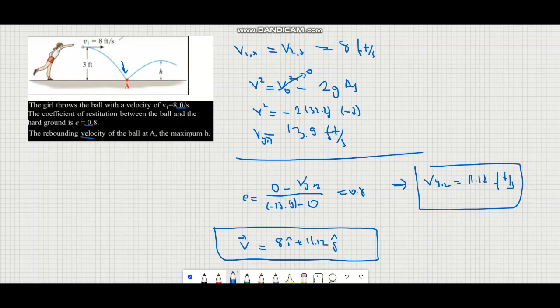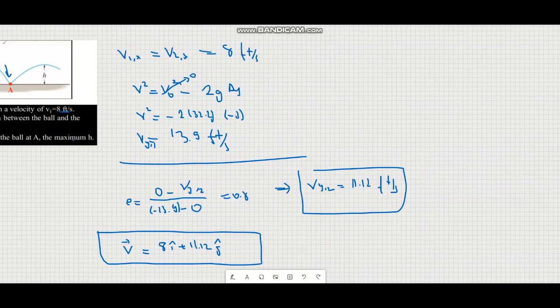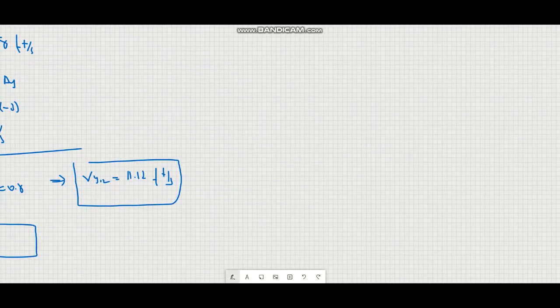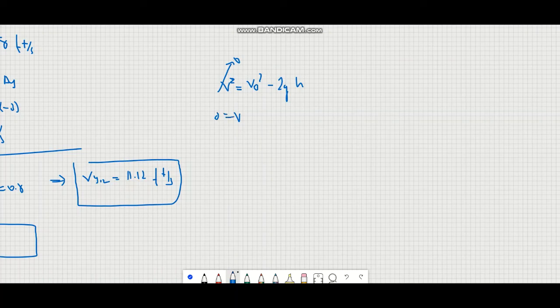And how high is it gonna go after the collision? We can use the same formula: v squared is equal to v0 squared minus 2g delta y, which here delta y is h. So the final velocity at the maximum point is gonna be 0, so this guy is gonna be 0, and v0 is the initial velocity in y direction, of course.